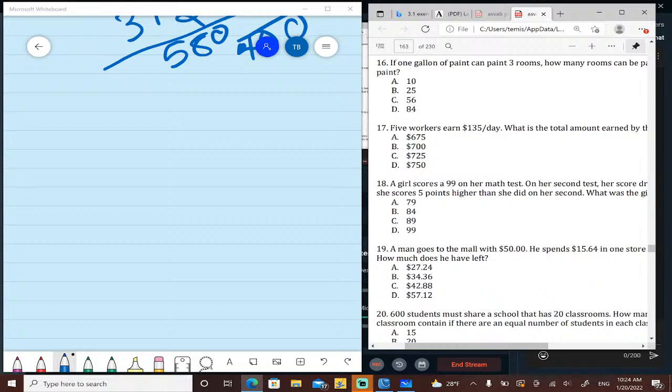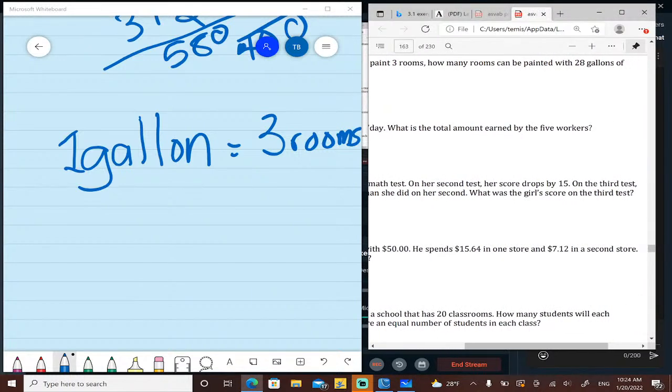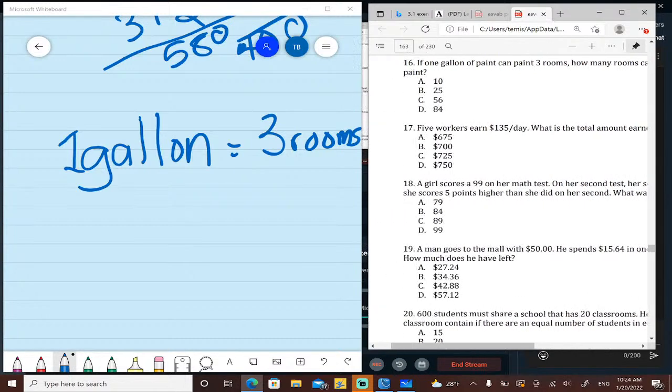Okay, so if 1 gallon of paint can paint 3 rooms, 1 gallon for 3 rooms. It says how many rooms can be painted with 28 gallons of paint.